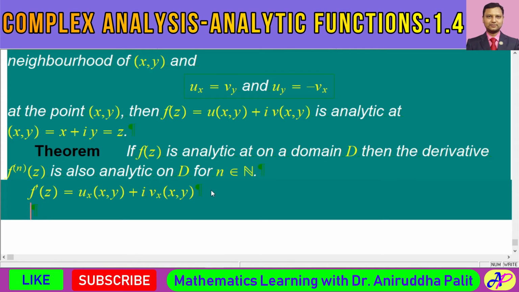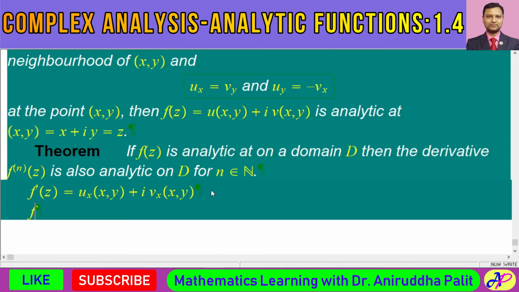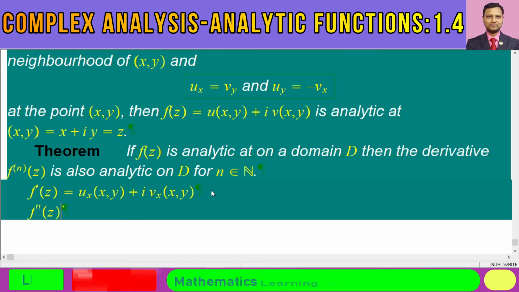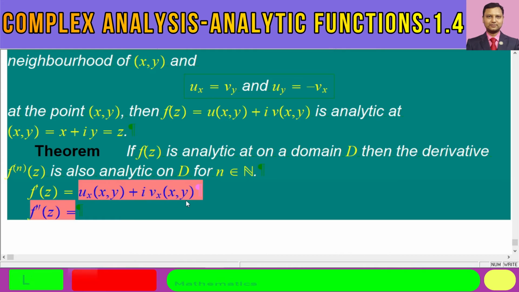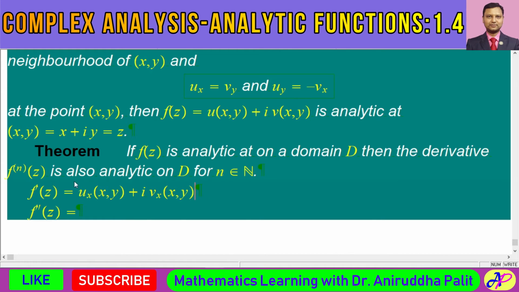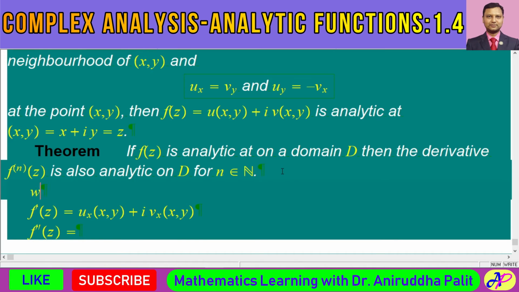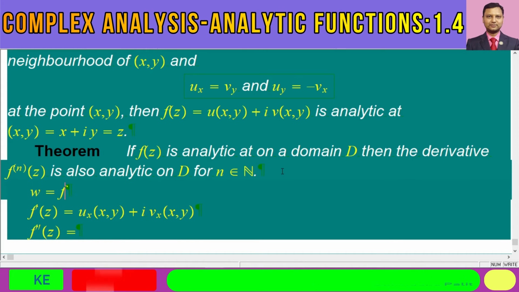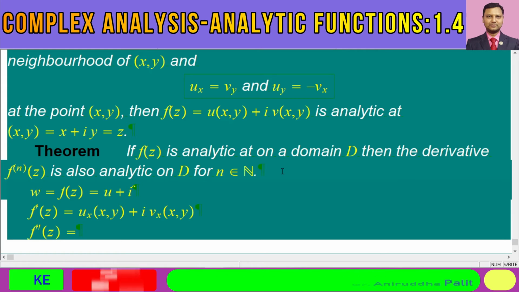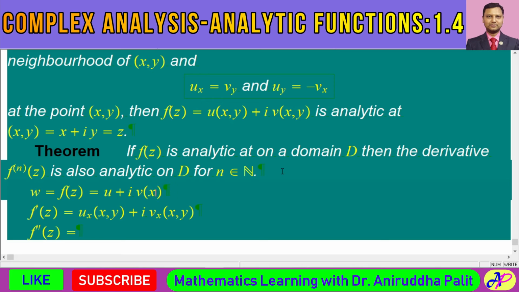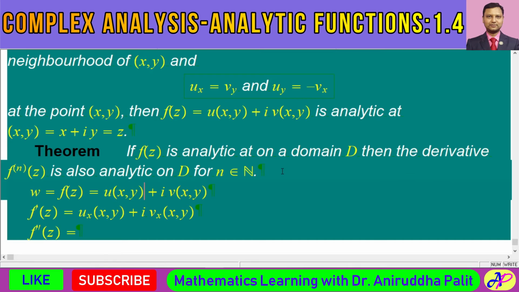Then what would be f double dash z? That would be a further partial derivative with respect to x again. An interesting result is that, suppose w is equal to f of z, which is u plus iv, where v is a function of x comma y, and u is also a function of x comma y.